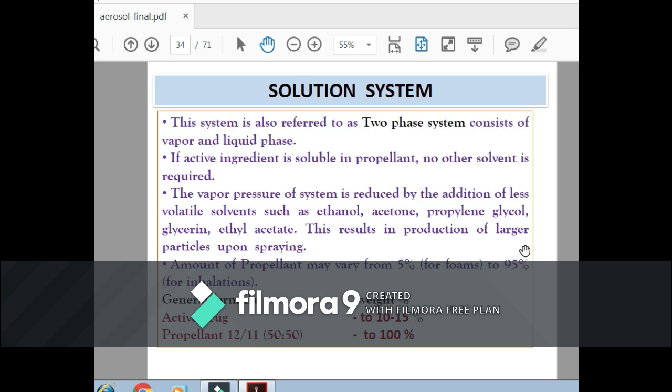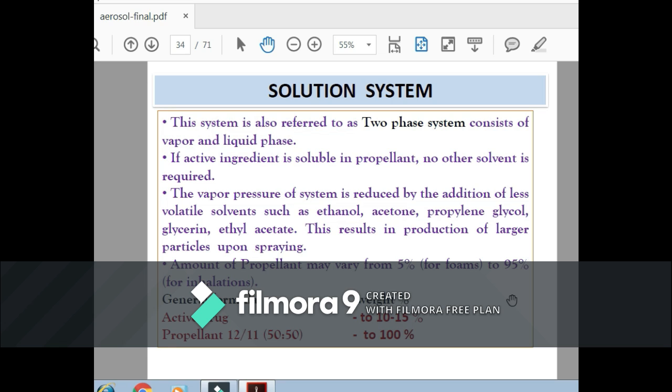Then most of the propellant is used up to 100%, or 50-50%. Generally the active drug plus your propellant is selected, your drug is dissolved into the propellant, and then it is filled inside your container. Sometimes we can use ethanol, acetone as well as propylene glycol, and then we add it into the propellant.